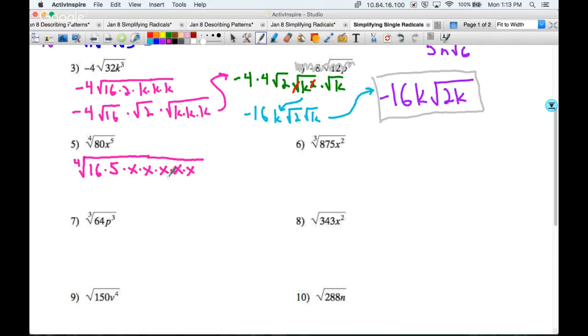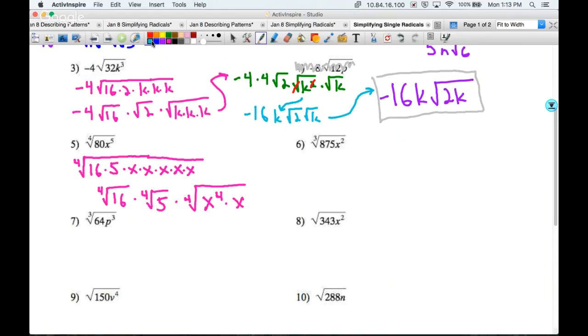All right, so this is a fourth root. So I want to package these x's together in groups of 4. So now I've got the fourth root of 16 times the fourth root of 5 times the fourth root. I'm going to make this an x to the fourth times x.